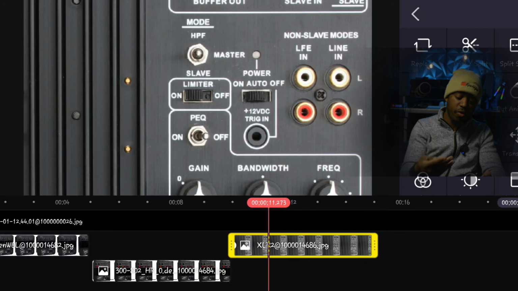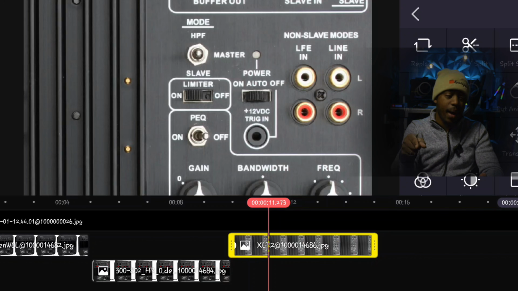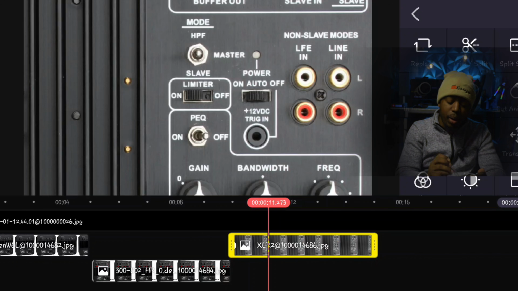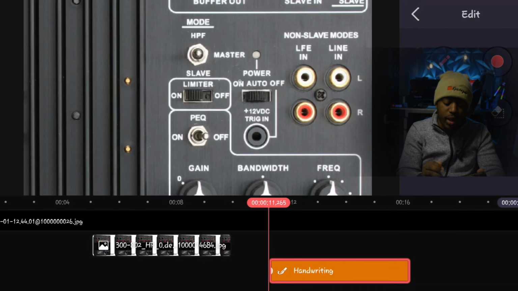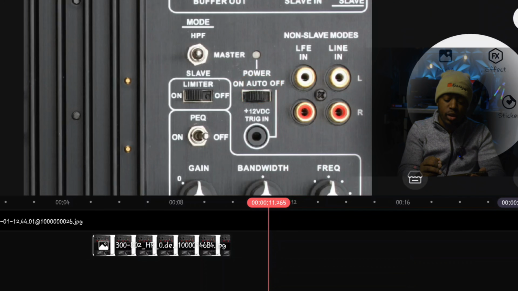So it sends a 12 volt signal to your sub to say, hey, I'm ready to turn on, let's go. Or as soon as you turn it off, hey, I'm ready to turn it off, shut it down. So you can plug this 12 volt trigger into your receiver or your preprocessor so that they both turn on and off at the same time. If you want to use this mode, then make sure that you turn on the power to on so that it automatically is controlled by the receiver instead of a signal or something like that.